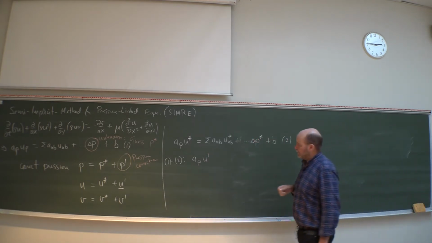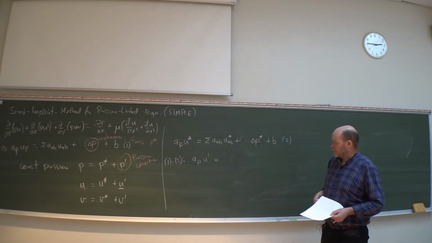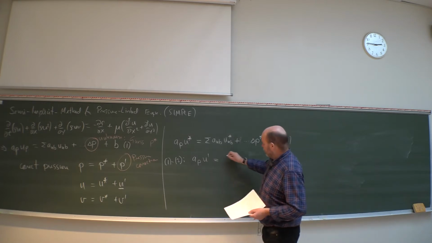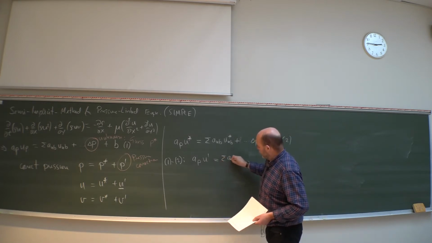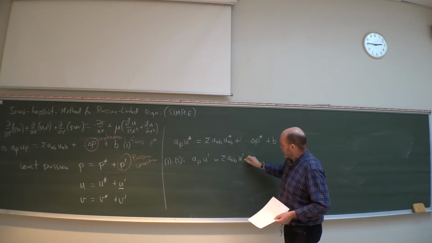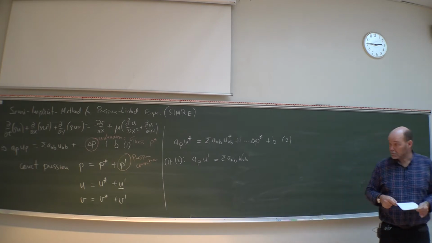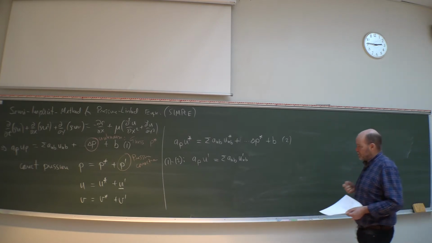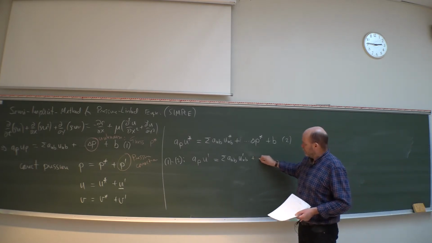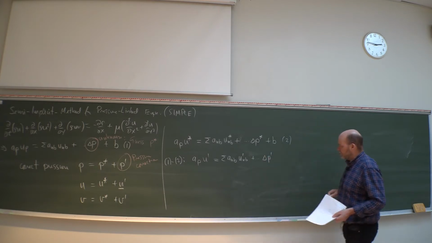That was the left-hand side. And same goes with all the neighbors. So here you'll have the sum of all the neighbor coefficients multiplied with the neighbor velocity corrections. And for the pressure, we will have the same there as well, something involving the pressure correction.